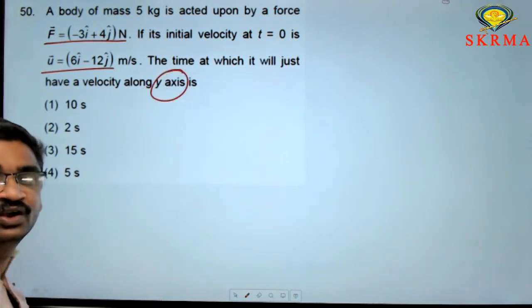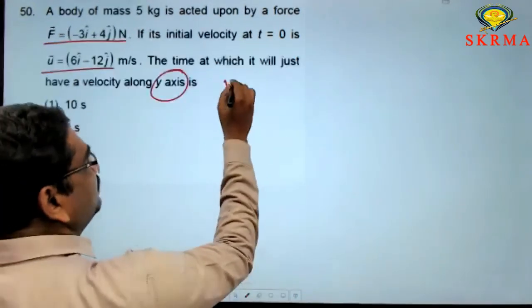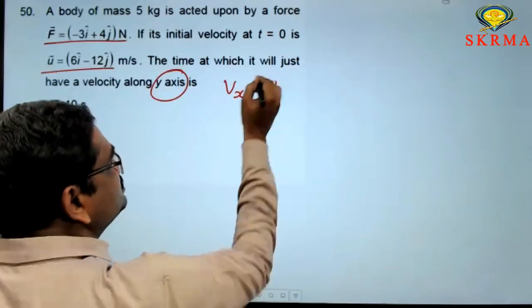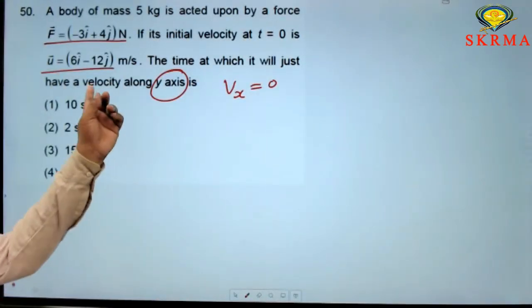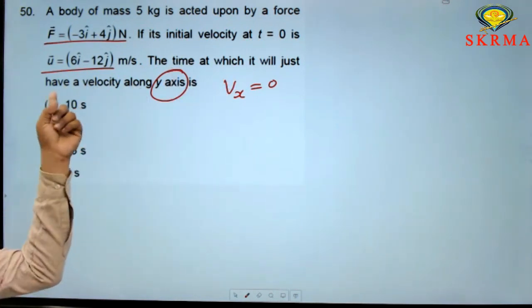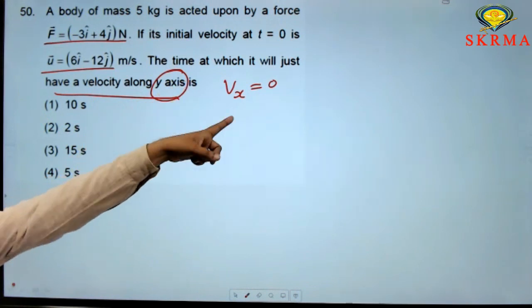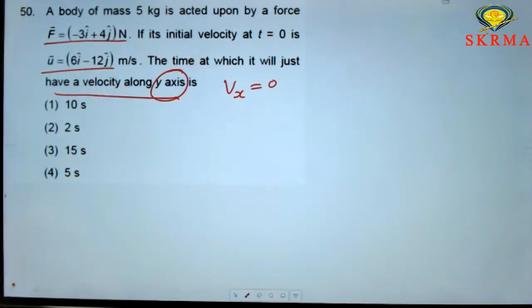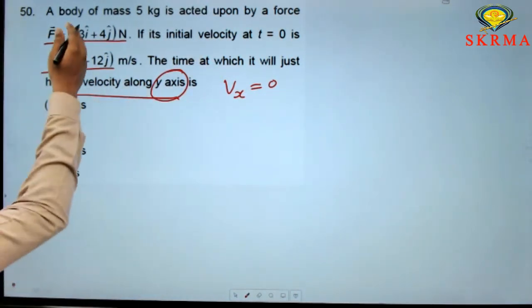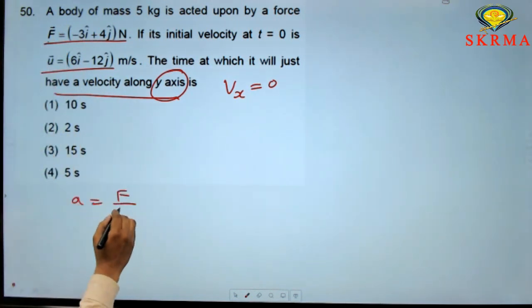Velocity along the y-axis means the velocity along the x-axis should be 0. Use that condition. Force is given. What is the acceleration? Acceleration equals force by mass.